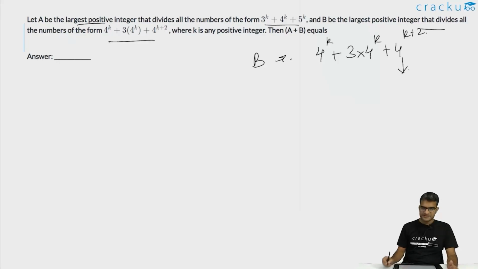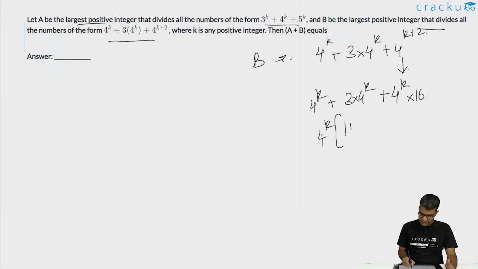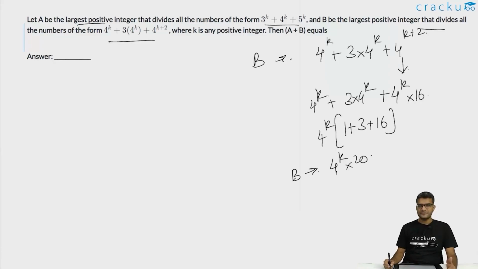4 to the power k plus 2 is basically of the form 4 to the power k into 16, because that is 4 to the power k into 4 square, plus 3 into 4 to the power k plus 4 to the power k. So now if you are taking 4 to the power k common, this is 1 plus 3 plus 16. This is equal to 4 to the power k into 20. So b is the number which divides every number which is of the form 20 into 4 to the power k.